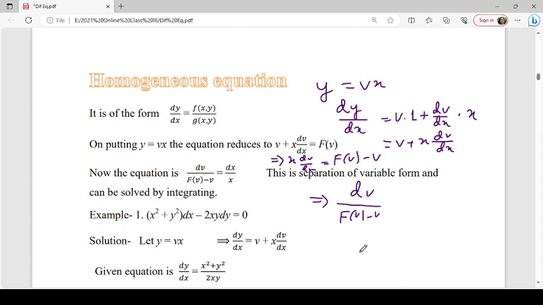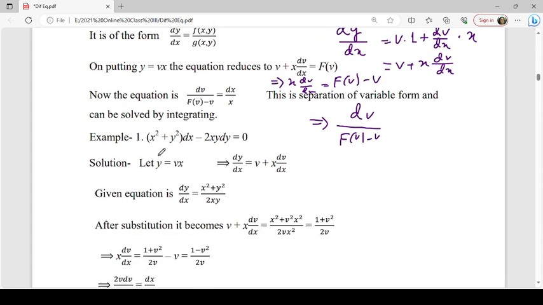So these are examples. This is (x square plus y square) dx minus 2xy dy is equal to 0. So it is of the form like this.